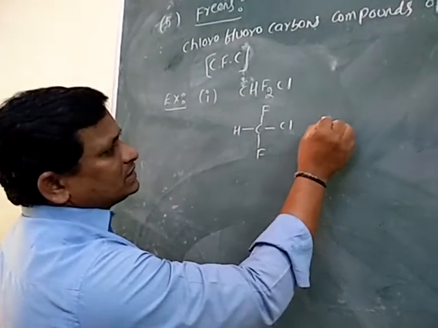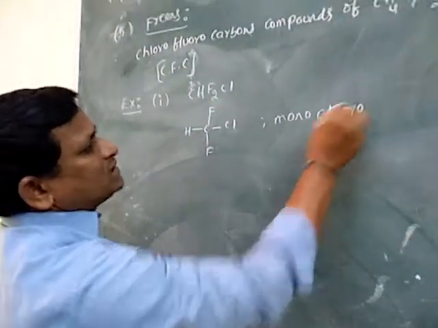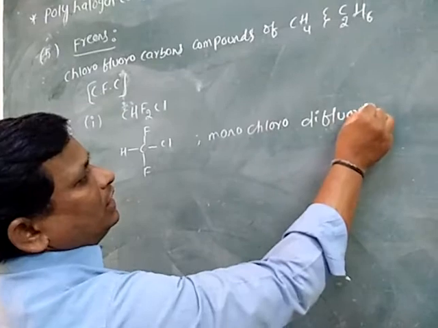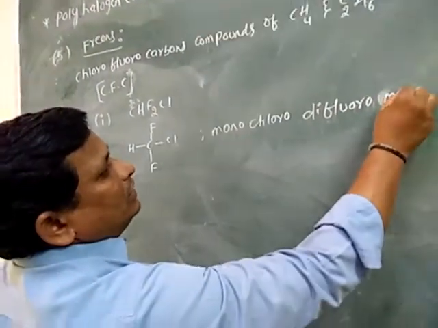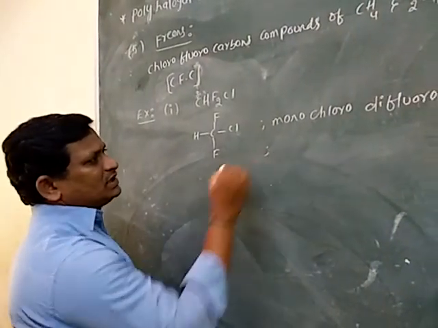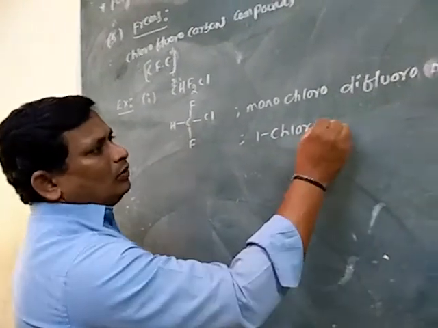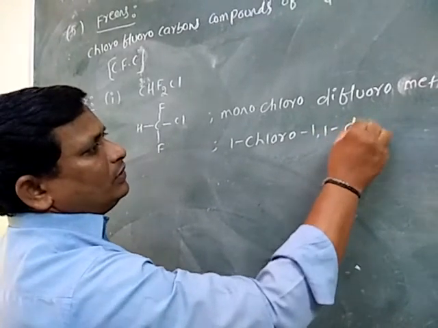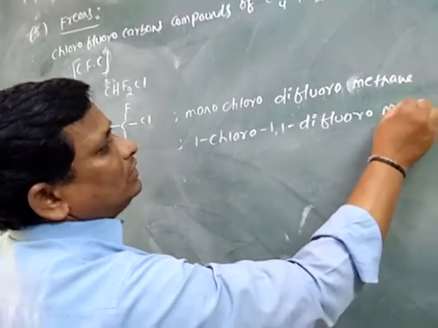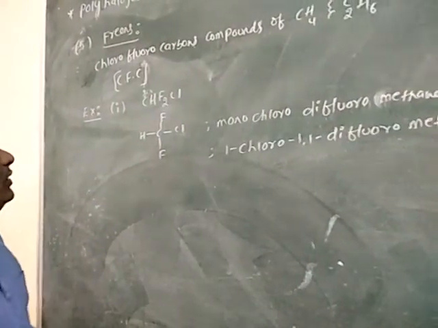Its name is monochlorodifluoromethane. Its IUPAC name is 1-chloro-1,1-difluoromethane.